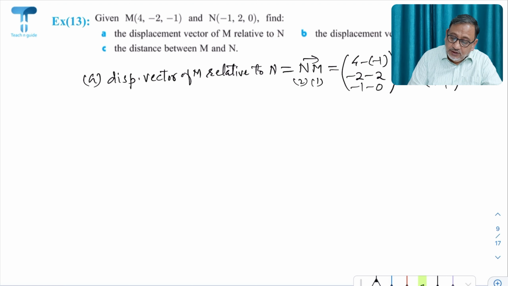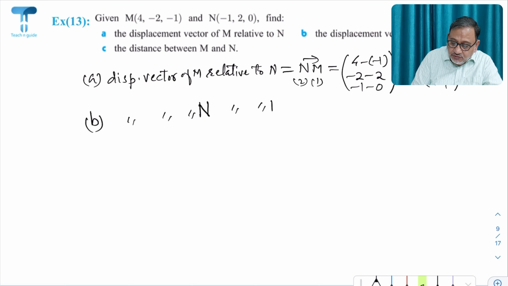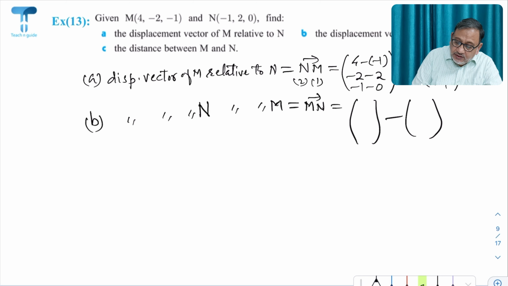Now B is the displacement vector of N relative to M. So it will be now different. Relative to M, so M will be first and N will be second component. So now while writing, we write this first and this will be the second.